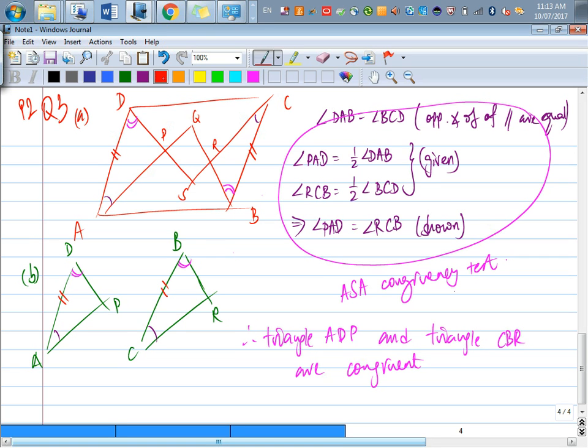So the things I want to draw your attention to is spell this out, spell this out, spell this out. Similarity, don't need to write out. So over here, by the ASA congruency test.